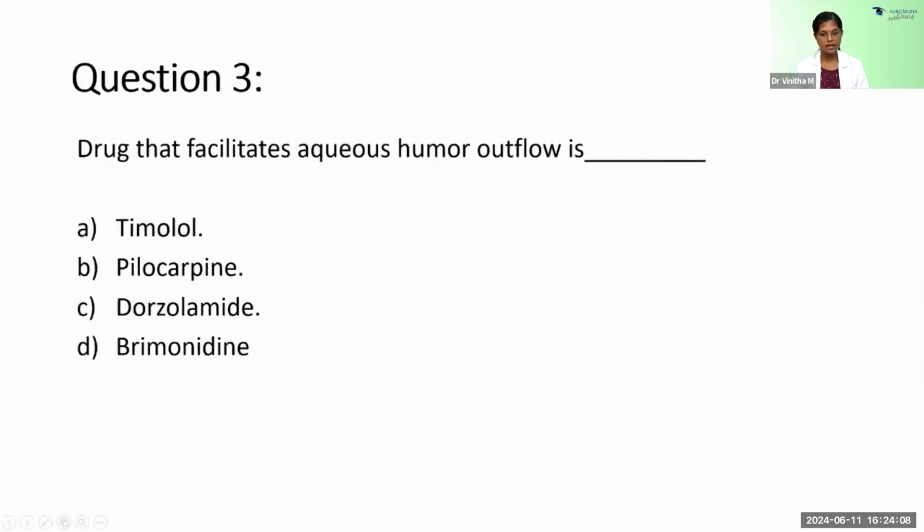Let's start another question. Which is the drug that facilitates the aqueous humor outflow? A. Timolol, B. Pilocarpine, C. Dorzolamide, and D. Brimonidine. The poll starts now.